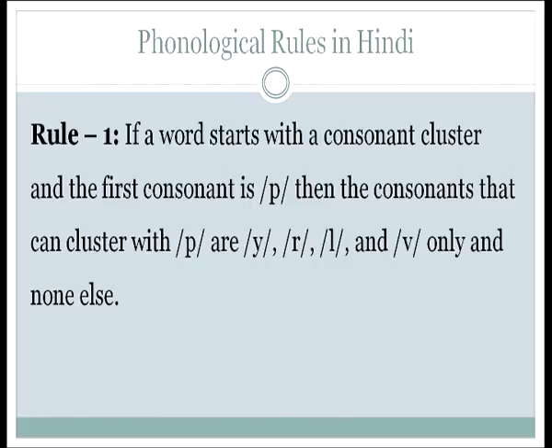So if I take an example of one word which is Payal, then immediately P is a consonant sound, Pa, and then is Yal. So Payal. The sound is coming.